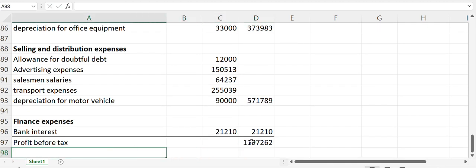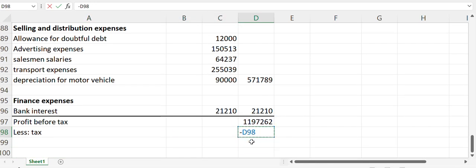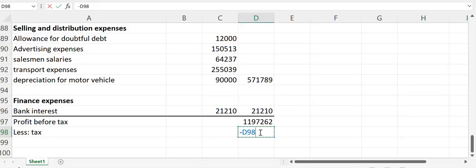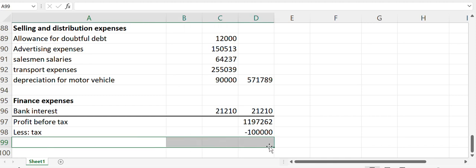Then remember we had taxation, so less tax. So the tax was, we were provided with the value for tax. Corporate tax is 100,000. So we can get profit after tax.